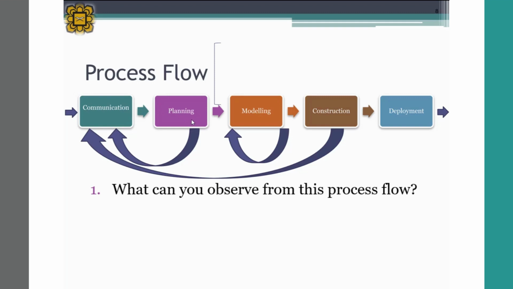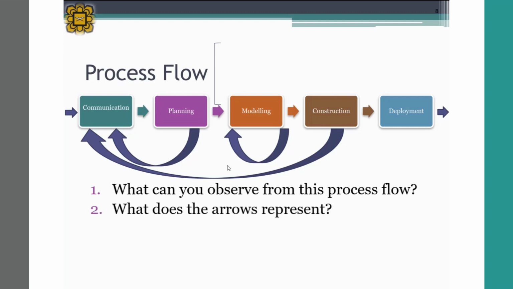Then if you need to fix anything, you go back and iterate until it's okay. Then you move on to modeling. Maybe in modeling you have to iterate many times. Then you move on to construction and so on. So the process flow now is not only linear, it is actually a combination of linear and iteration.